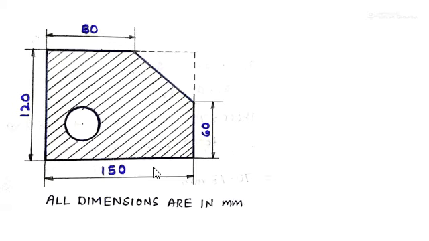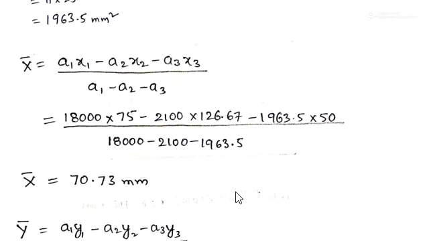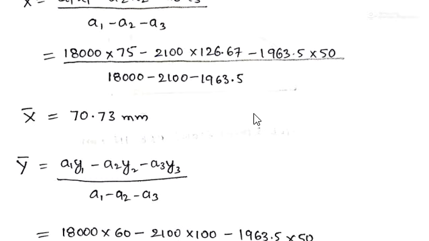We know the formulas of centroid of a complex shape, that is x bar as a1 x1 plus a2 x2 plus a3 x3 by a1 plus a2 plus a3, and also y bar as a1 y1 plus a2 y2 plus a3 y3 by a1 plus a2 plus a3.